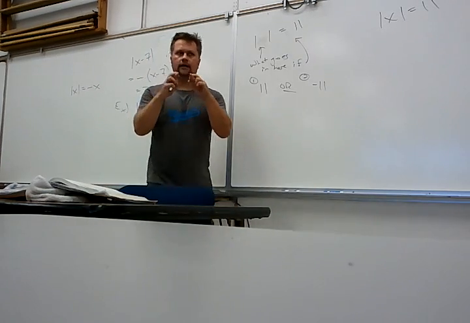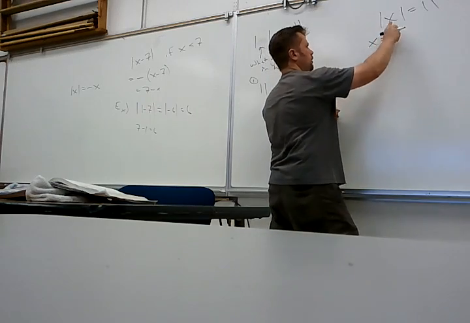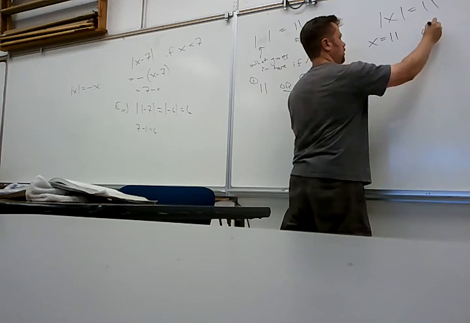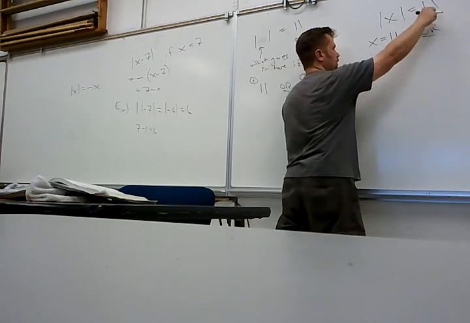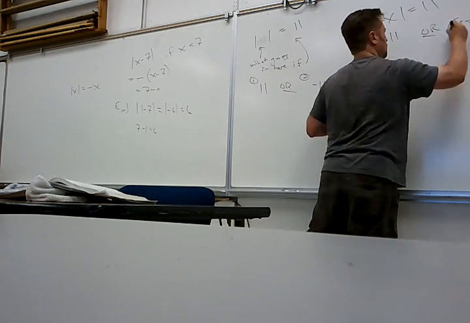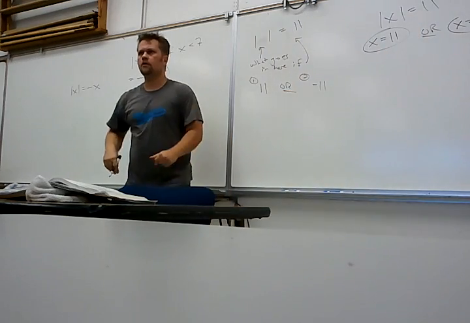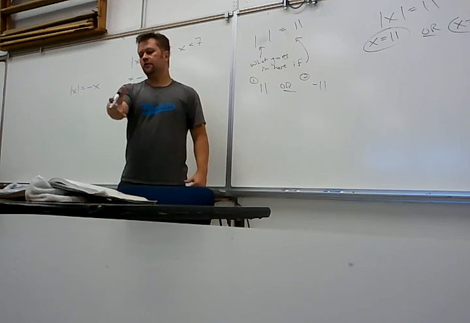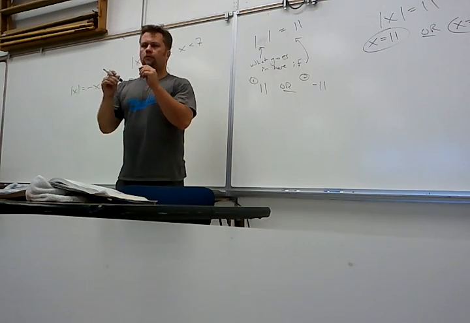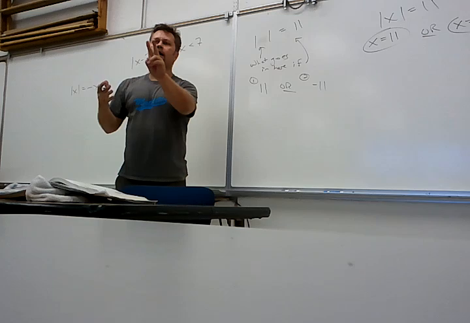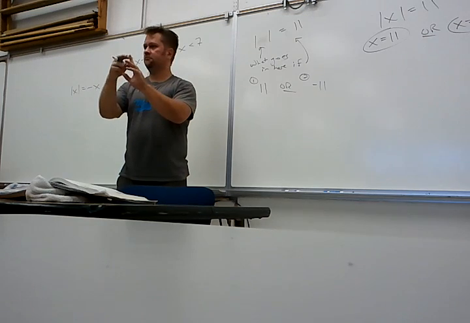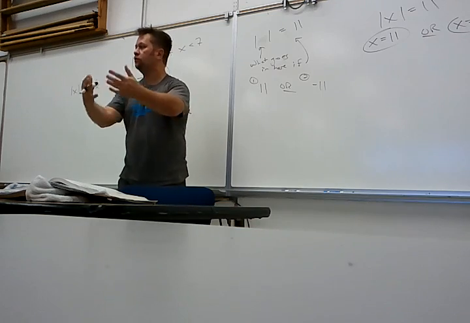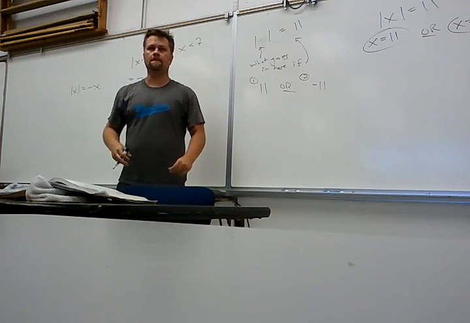So let's see if you guys get the idea. The inside could be 11, or the inside could be negative 11. So what are we getting from this? Absolute value equations or inequalities will always have two cases. Why? Because you can get the same two numbers out if you put the negative of the thing in there. You've always got two things you can put in to make it do something, right?